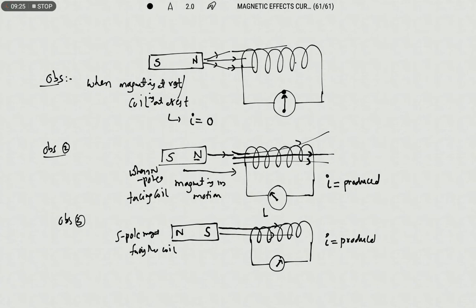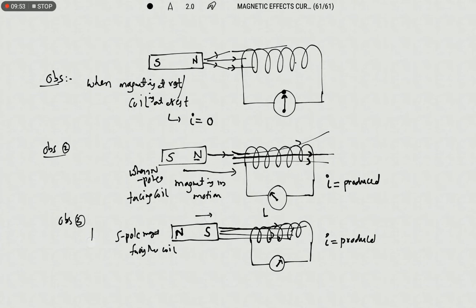So the magnetic field is changing when the magnet is in motion, but the deflection is opposite. That means the direction of the current developed in the coil is changed due to the change in the poles of the magnet.